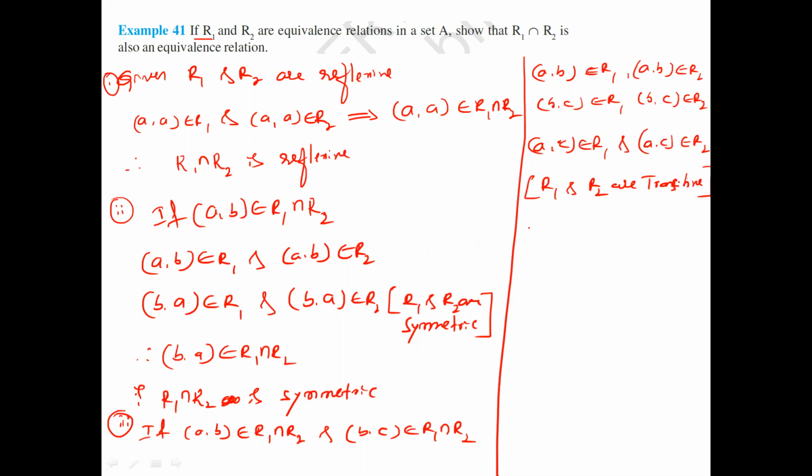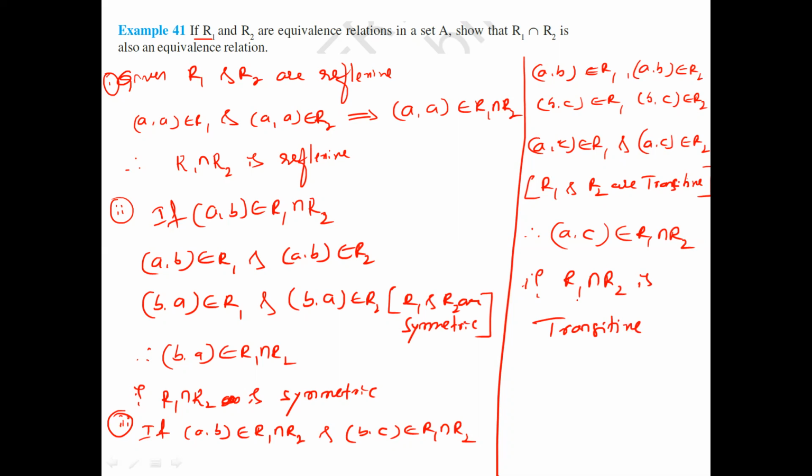Now R1 contains the same element and R2 also contains the same element. Therefore, what is the conclusion? (A, C) belongs to R1 intersection R2. Therefore, R1 intersection R2 is transitive. Please note down.